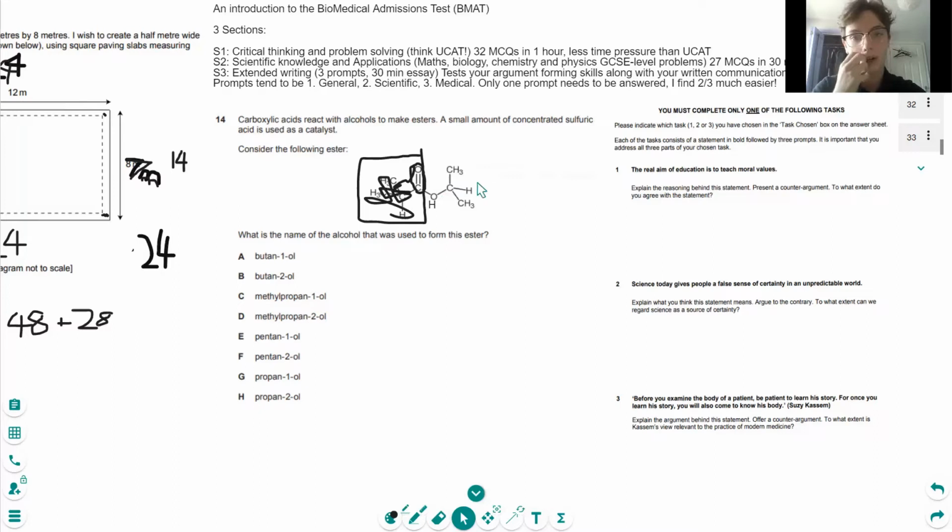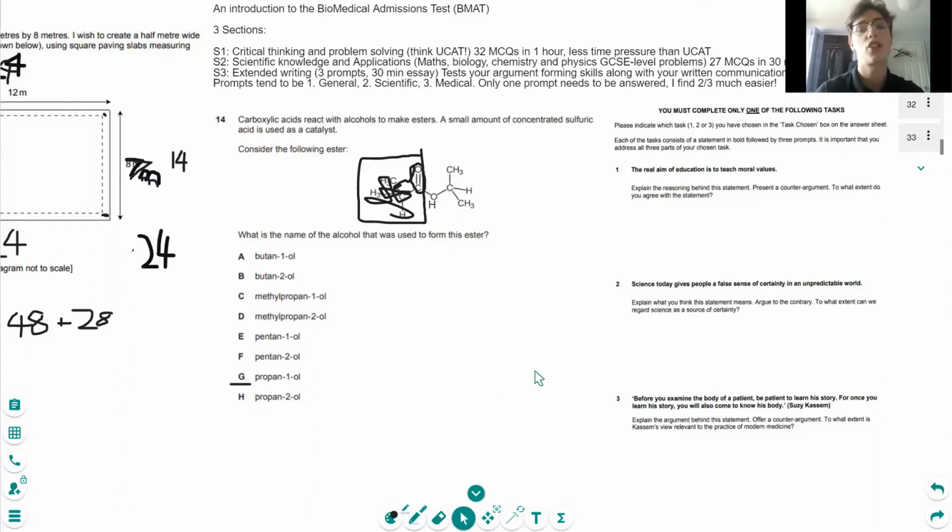As with all organic naming, what we need to do first is identify the longest carbon chain in our molecule. Here we have 1, 2, and 3 carbons. So meth, eth, prop. This is going to be a prop alcohol because it's got a carbon chain of length 3. Now, which group is our alcohol on? It's on our second carbon, so this is going to be propan-2-ol, which is G.